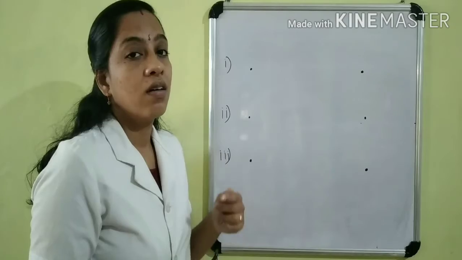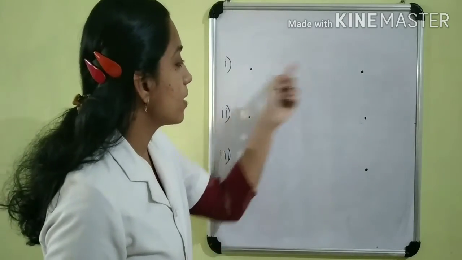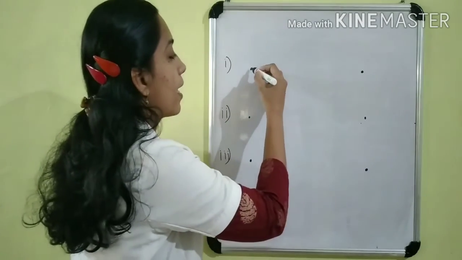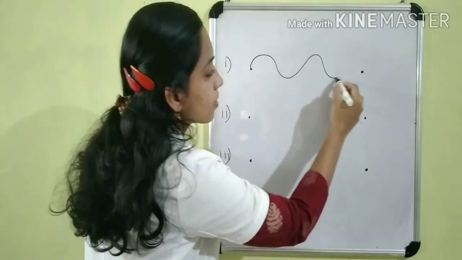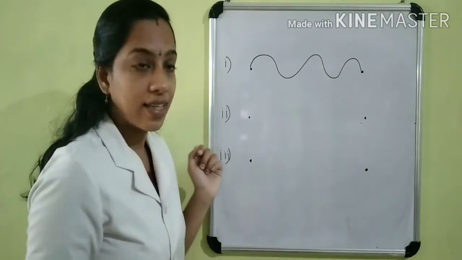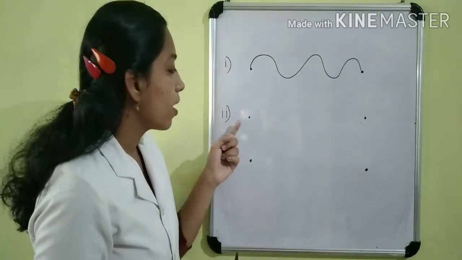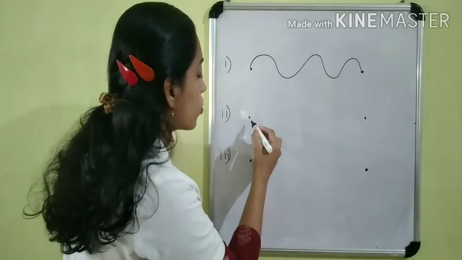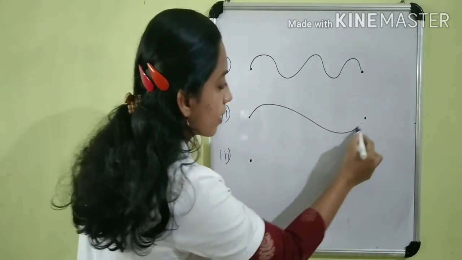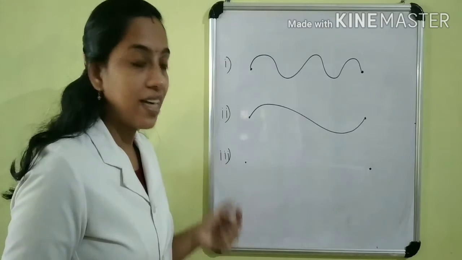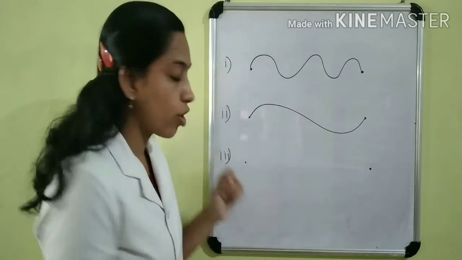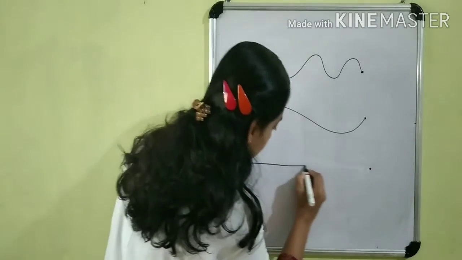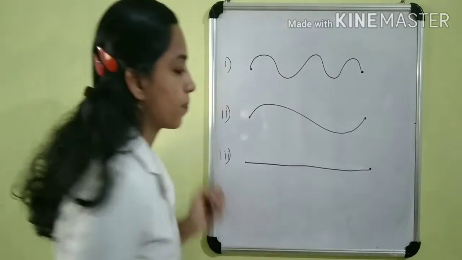Let us try. We can join these 2 points by drawing a line like this. Then the next one, we can join these 2 points by drawing a line like this. Then the third one, let us join these 2 points by drawing a line like this.